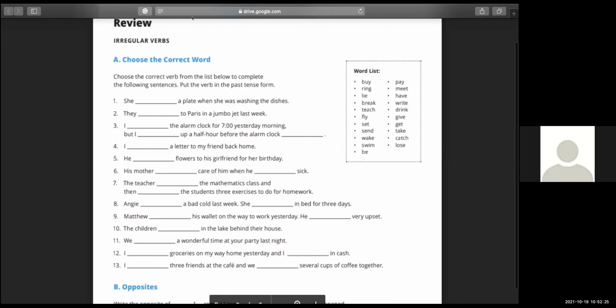Number 3, I set and got. Set. Yes. I set the alarm clock for 7 yesterday morning, but I got up late. It's still good.